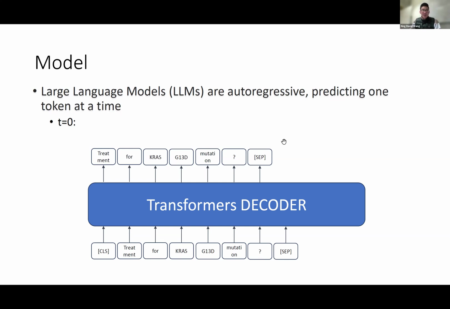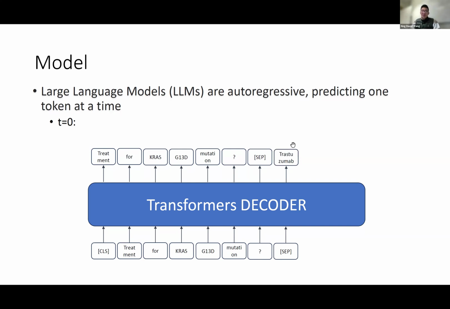For example, with our given query, what is the treatment for the KRAS G13D mutation? This is what the transformer decoder has at time step 0. Then we would expect it to generate a new token, which is a likely continuation of this question. So we would expect it to start generating the answer.